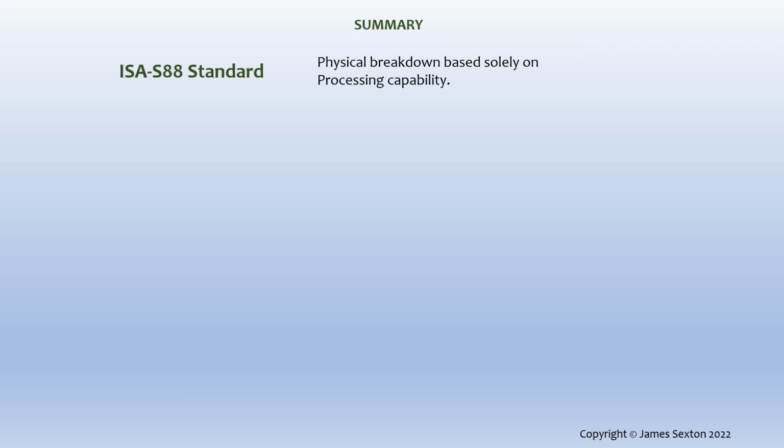For me, the single most important guideline in ISA-88 is to break down the plant into units and equipment modules based solely on processing capability. Processing must be some activity affecting the batch, for example, heat, crystallize, filter, dose, etc. Practically, most processing will be done in units.